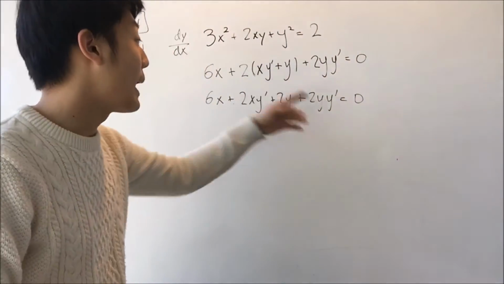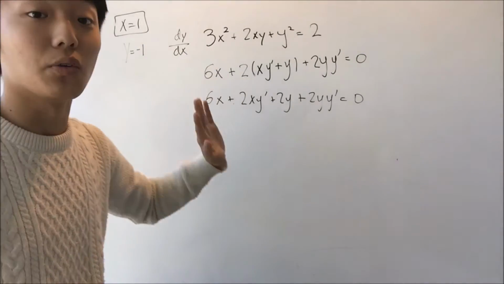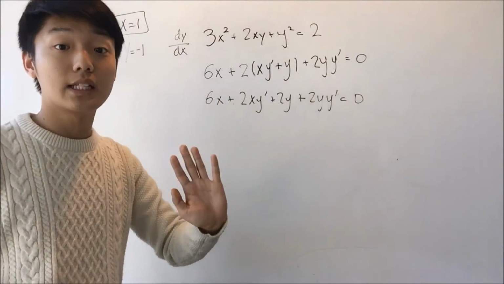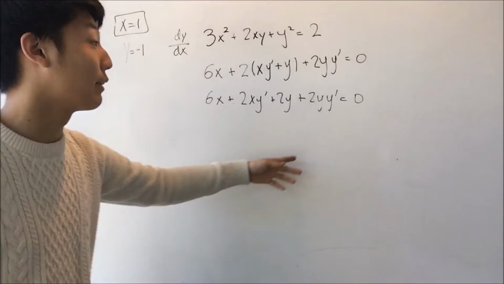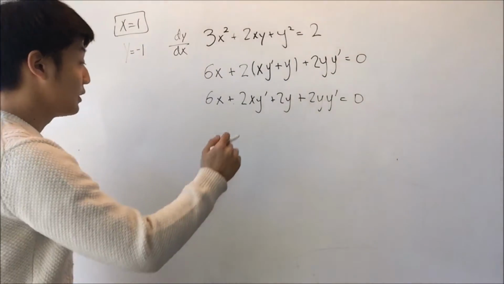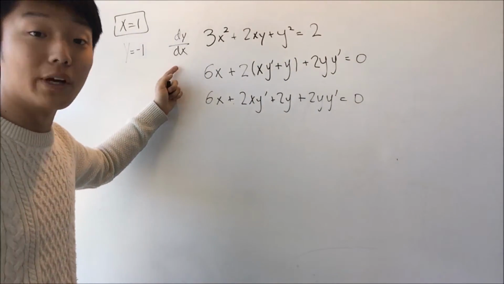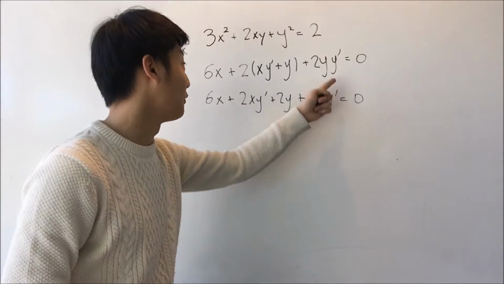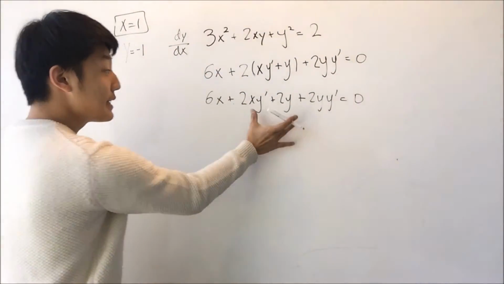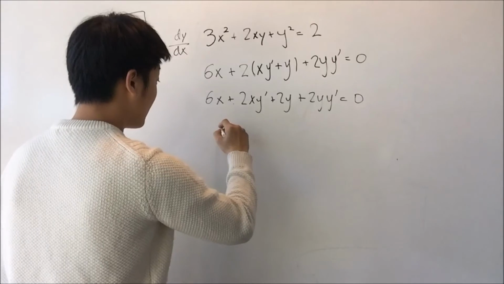And just to tell you, y prime is equal to dy/dx only in this function. If it is dy/dt, it will not work, but dy/dx, it will work for y prime. Because I know it will be annoying to write dy/dx every single time. So let's combine the y prime terms and factor it out.